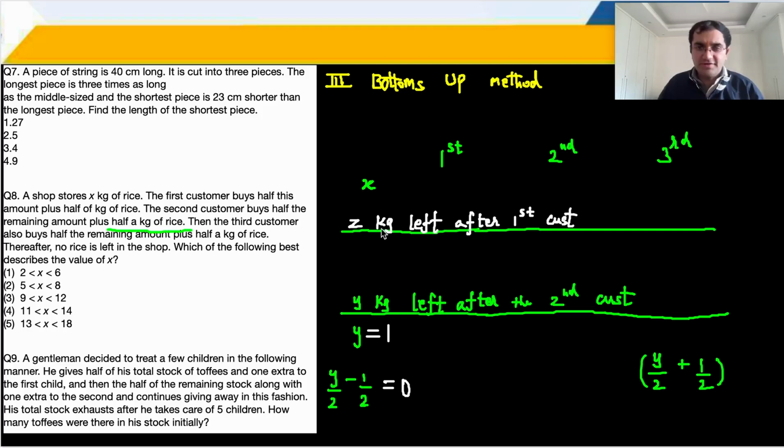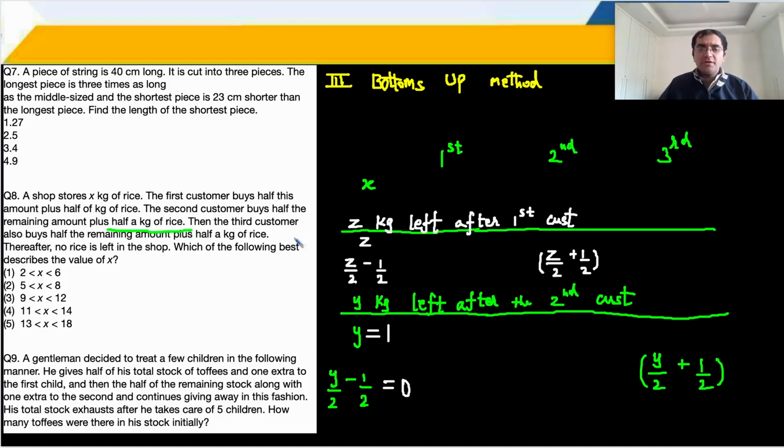Z kg left, right? After first customer. What will you now give to the second customer? Z by 2 plus 1 by 2. What will you be left with? Z minus this value. So it's the same expression, variable change ho chuka hai. Z by 2 minus 1 by 2. Okay?